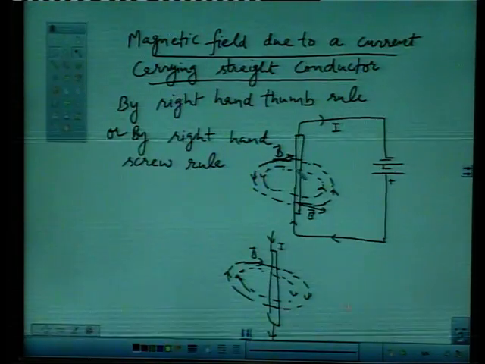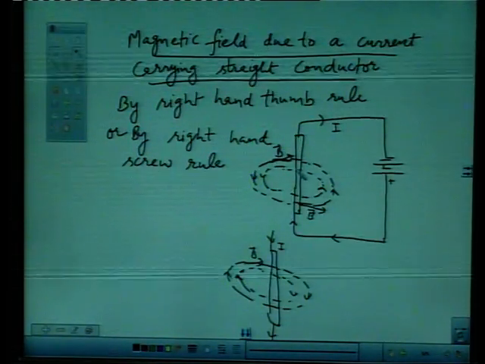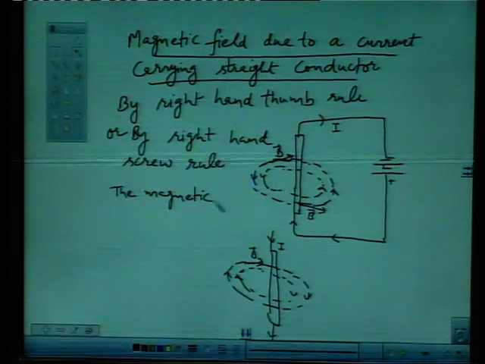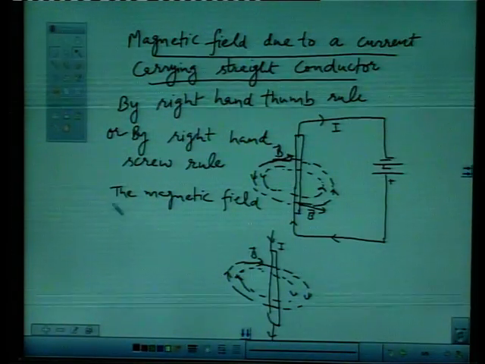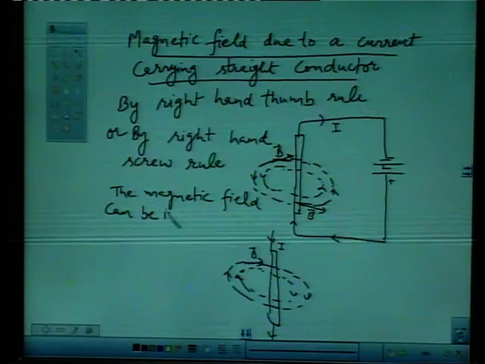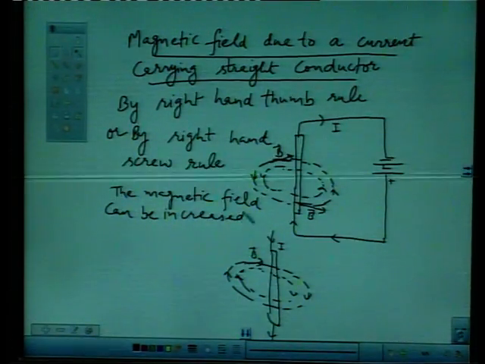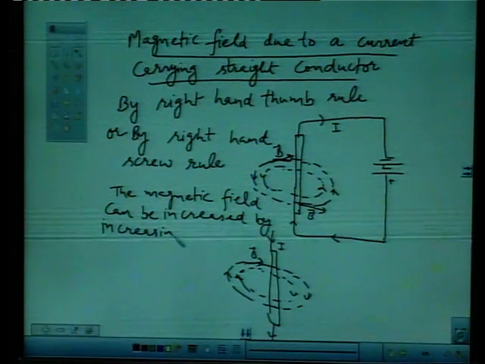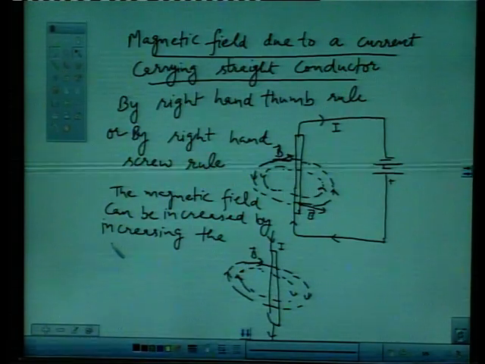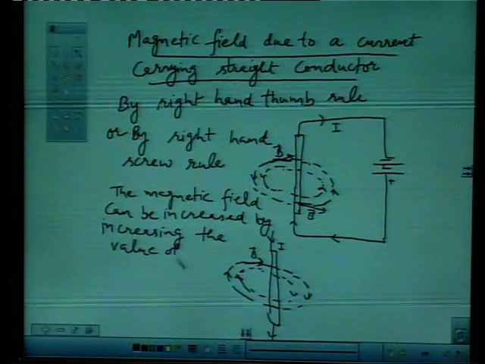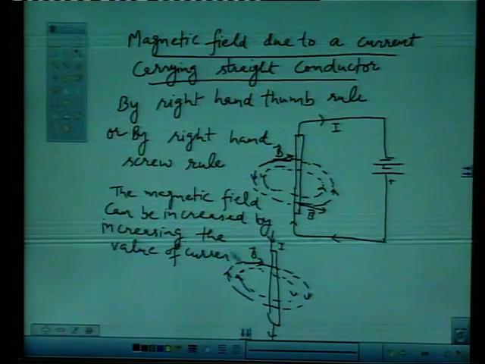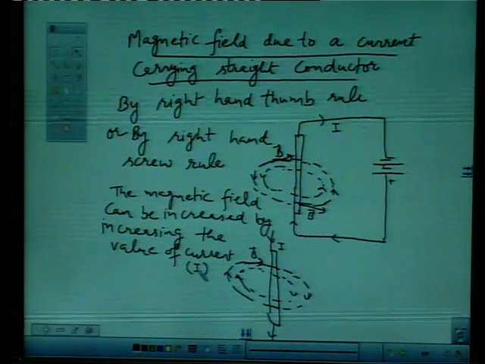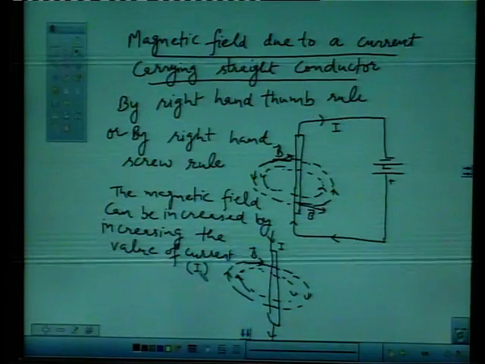So, this is more at this conductor, and the magnetic field can be increased by increasing the current, the value of current I. That is, more is the value of current I, more will be the value of magnetic field due to this current carrying conductor.